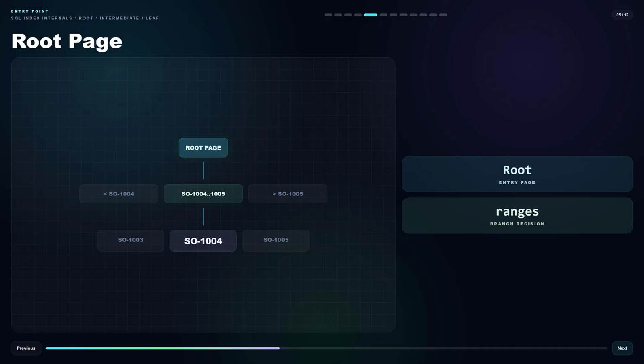The root page does not contain all rows. Instead, it contains ranges and pointers. For example, values less than SO-1004 go left. Values around SO-1004 go center. Larger values go right. So, SQL Server immediately eliminates large portions of data.